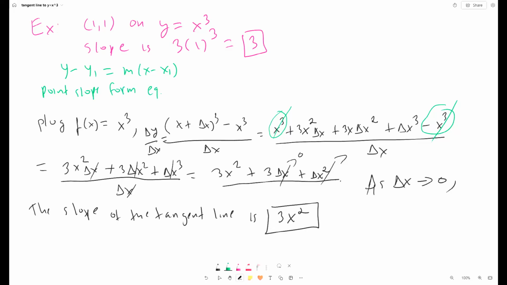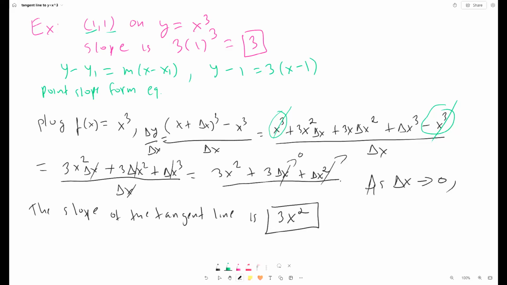That means that we have y minus 1 is equal to 3. That 3 comes from here that we found. Then it will be x minus 1, the 1 comes from here. Okay, and the 1 here comes from here.